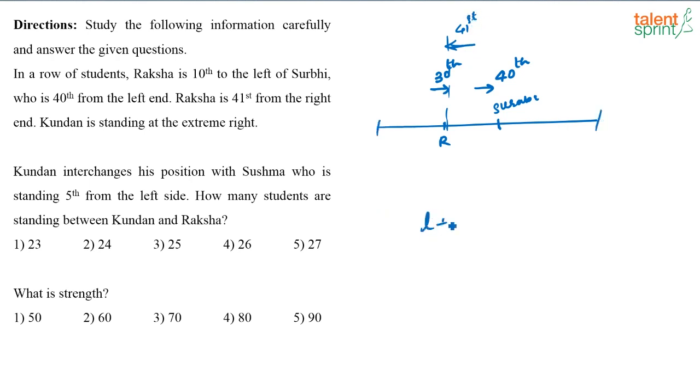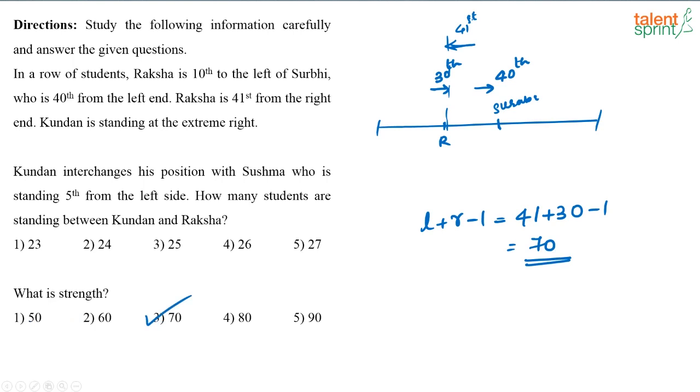If the position of a person from the left end and the right end is given, the total number of people in the line is L plus R minus 1, that is 41 plus 30 minus 1, which is equal to 70. So there are 70 people in this line altogether. Now you can answer the second question, right? What is the strength? The strength is 70.